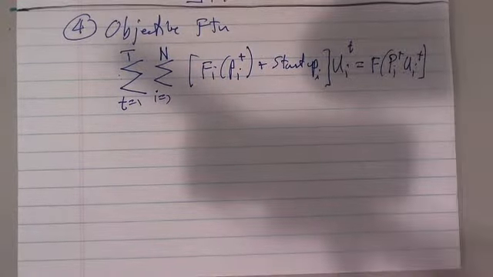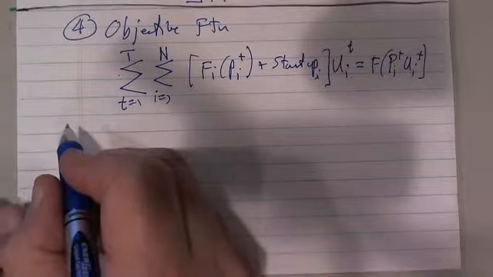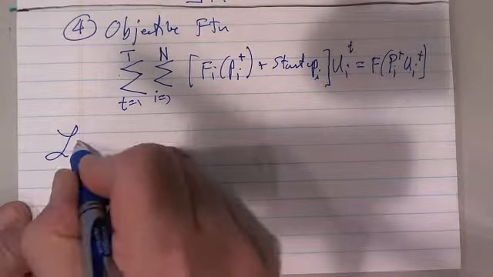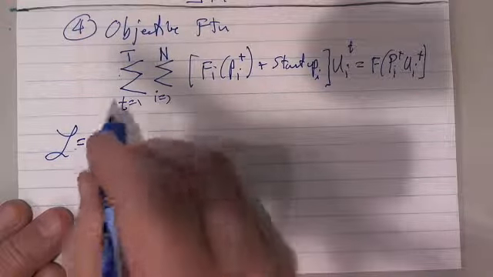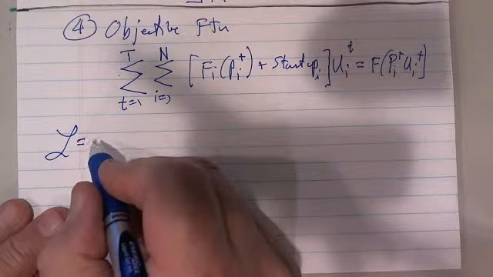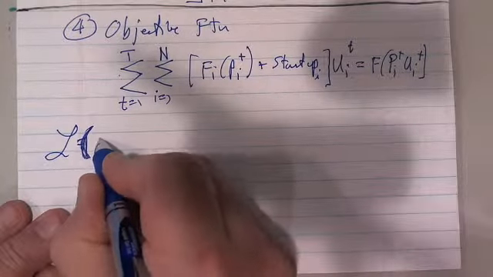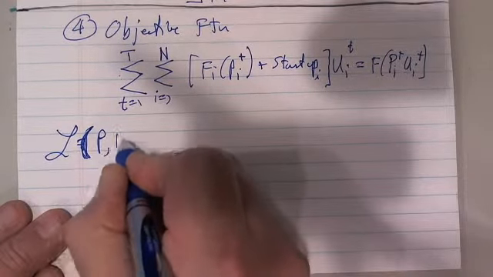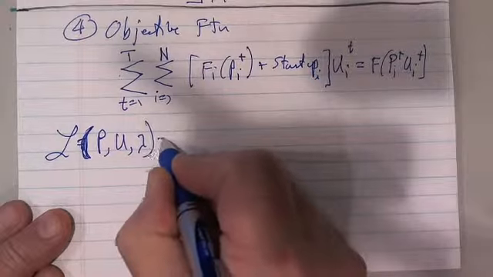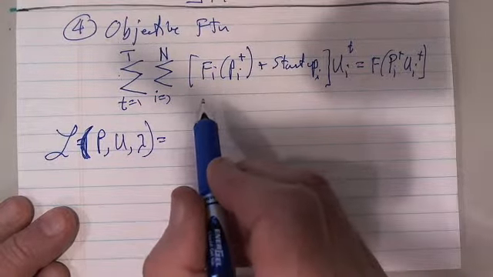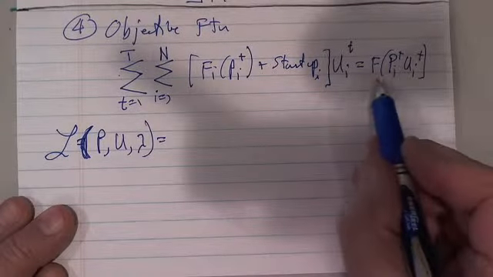Okay. All right. Then we're going to form our Lagrangian, and we'll start out here. Let's put the variables. L of P, U, and lambda equals my f of p.